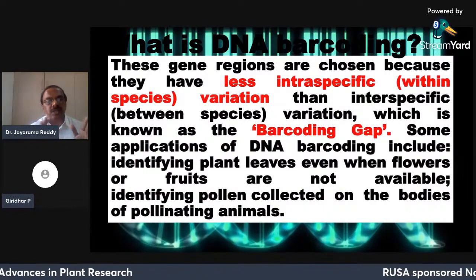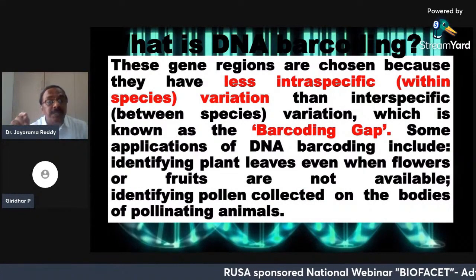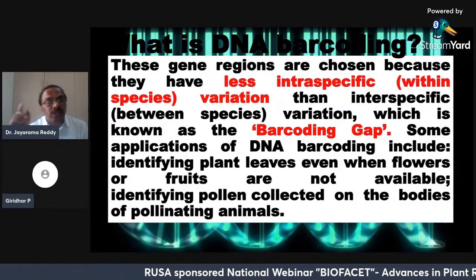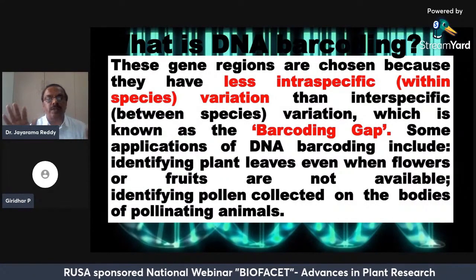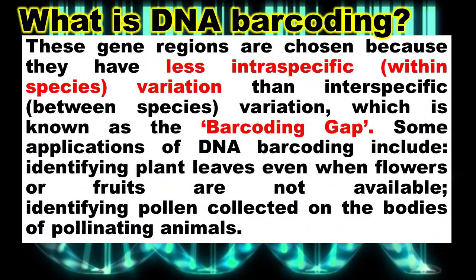So these regions, as I told you already, have less intraspecific variation. Within the species, they should not show any variation, or they should show minimum variation. And they should show a lot of variation interspecifically. Between two different species, there should be variation. This is what is known as the barcoding gap.